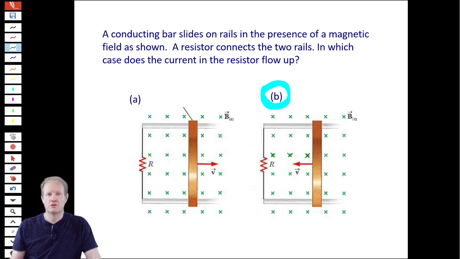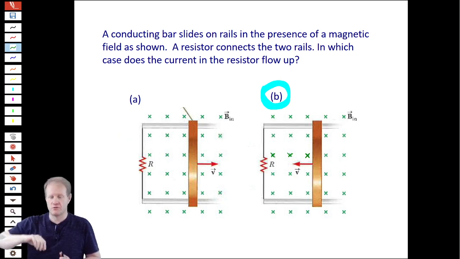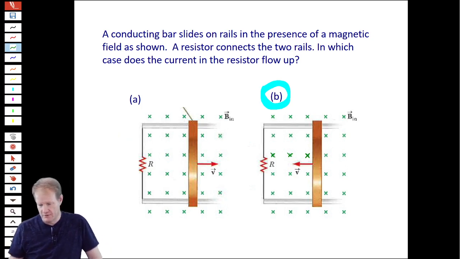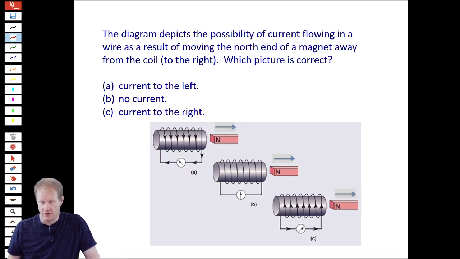And so, using the right-hand rule, I could point my thumb into the page in order to preserve flux into the page, and then when I curl my fingers around, it's going to make a current that goes up. Okay, so the right-hand rule tells me that's the one.